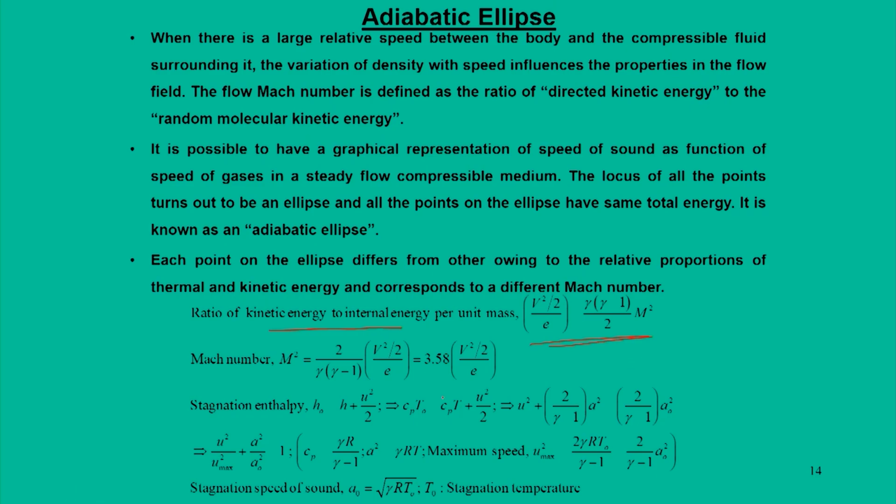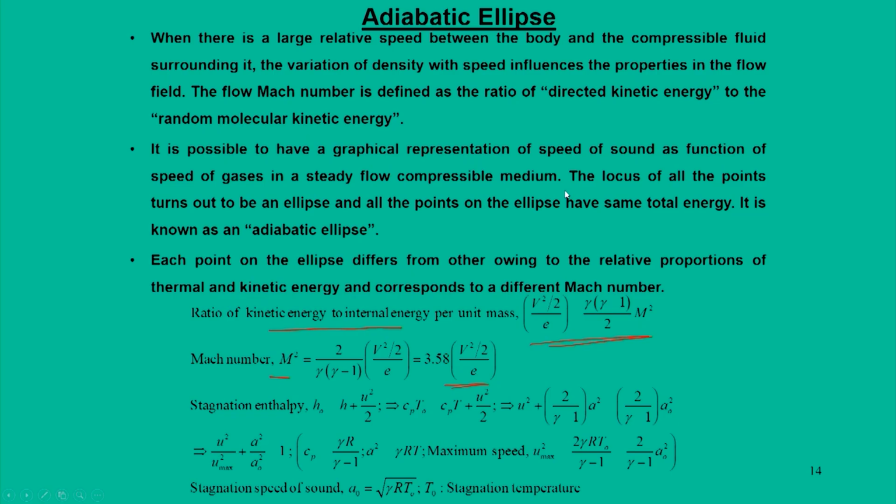This we have already derived in our previous lectures. Now, it is possible to have a graphical representation for the speed of sound as a function of speed of gases in a steady compressible domain.